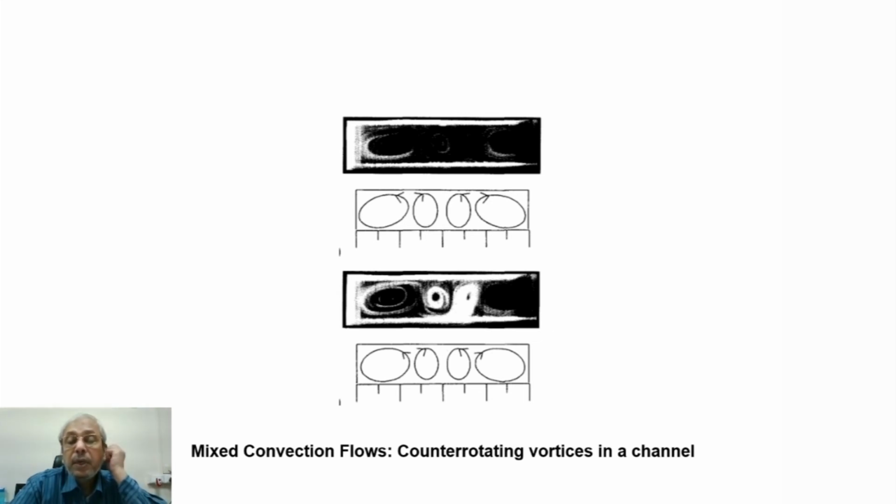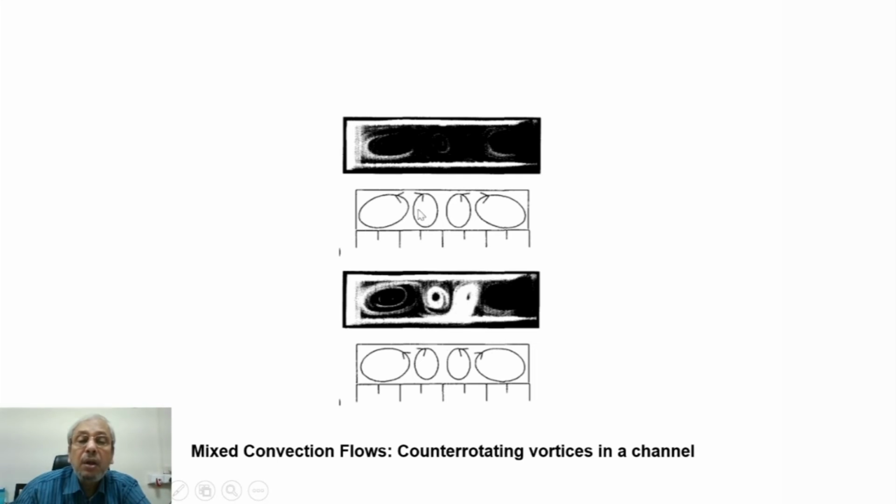Here we can see that the flow is in the horizontal direction, but on the cross normal planes, we will be able to see vertical structure.